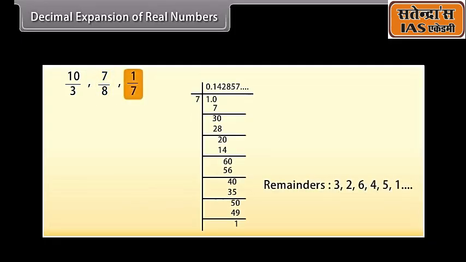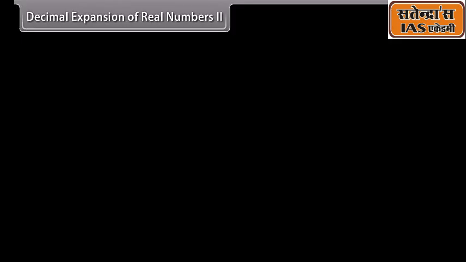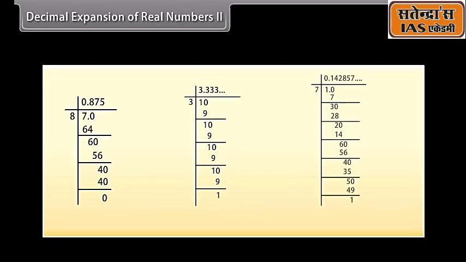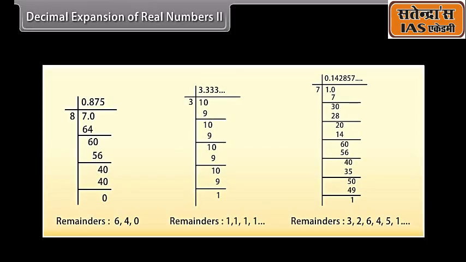And the remainder of 1 by 7 is 3, 2, 6, 4, 5, 1. Did you notice something here in all these examples? Notice that here the remainder either becomes 0 after a certain stage or starts repeating itself.